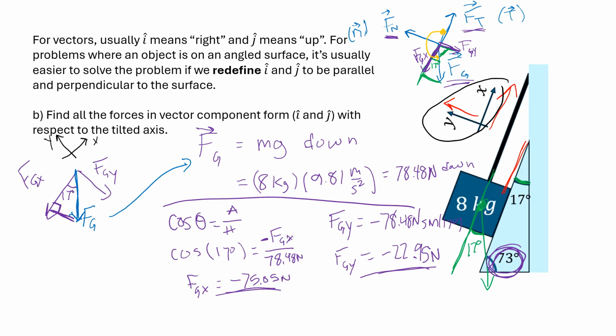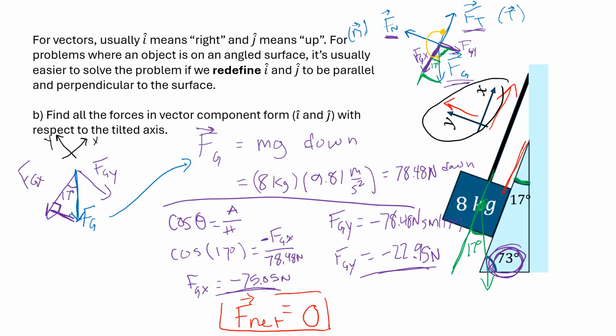How do we find Ft and Fn from this information? We use the fact that this is a static problem and Newton's second law applies, that net force F net is going to be equal to mass times acceleration, but in this case it's static, so that's 0. That means all the x components and all the y components will balance.